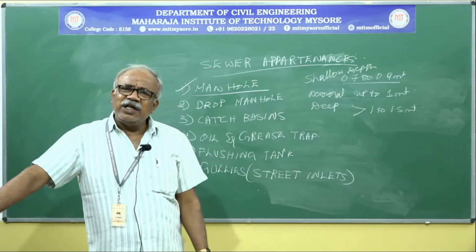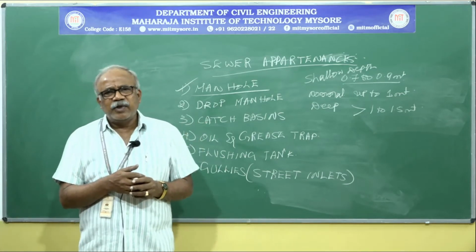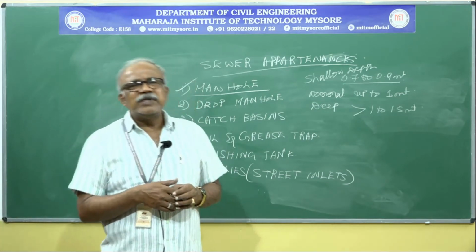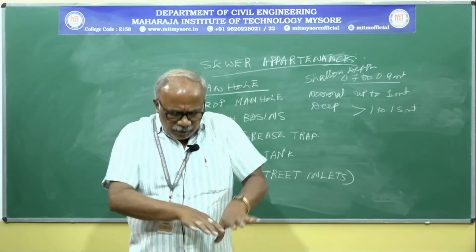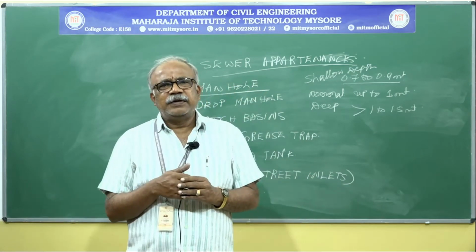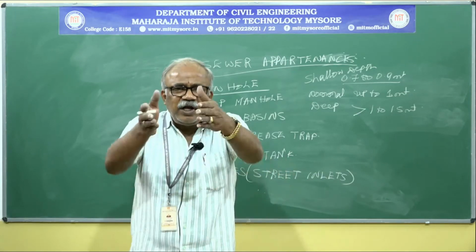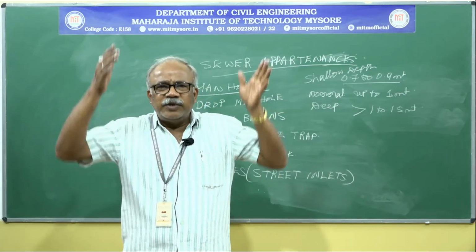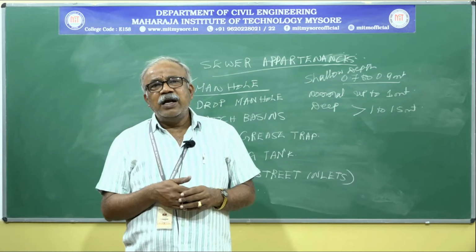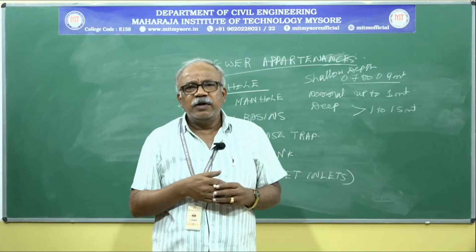While constructing these deep manholes, it is a solid form, made of brick masonry or RCC. There will be a flat bottom along with the sewer line, and the walls will be strong, and inside there will be steps provided.